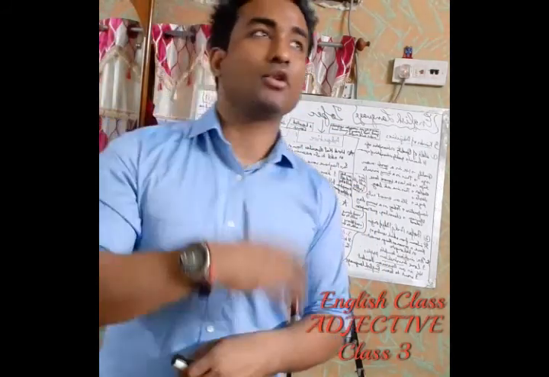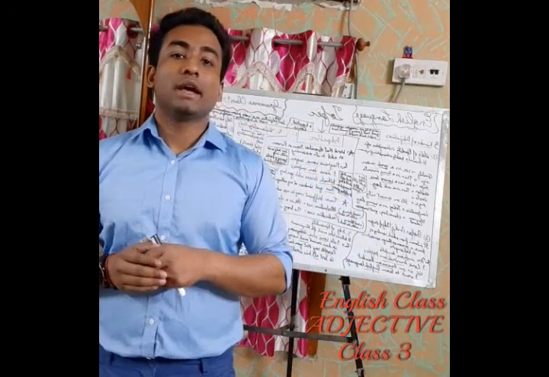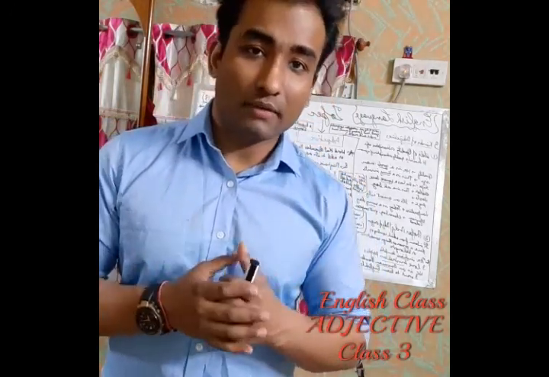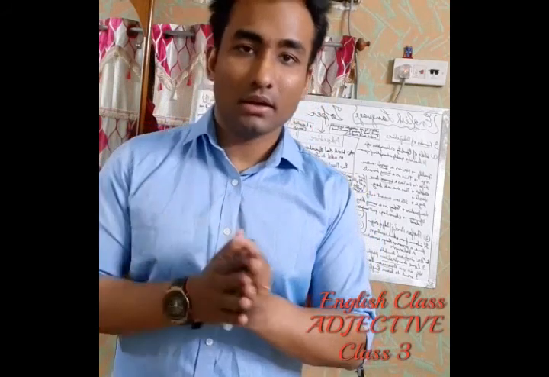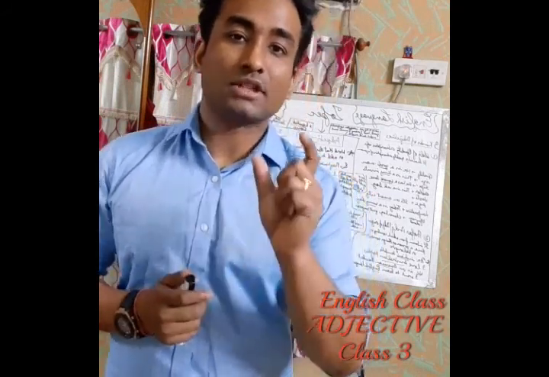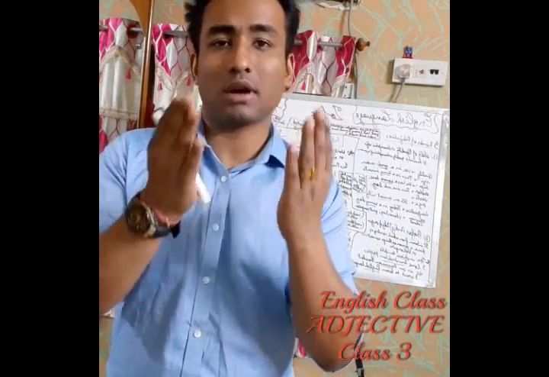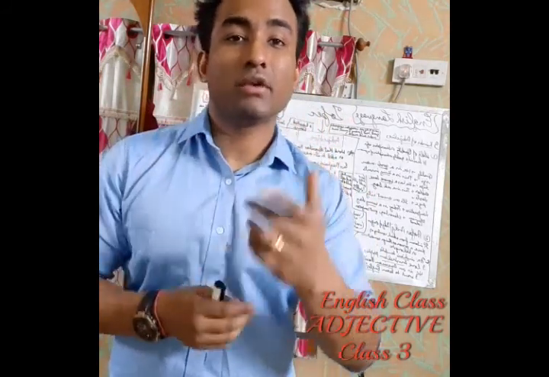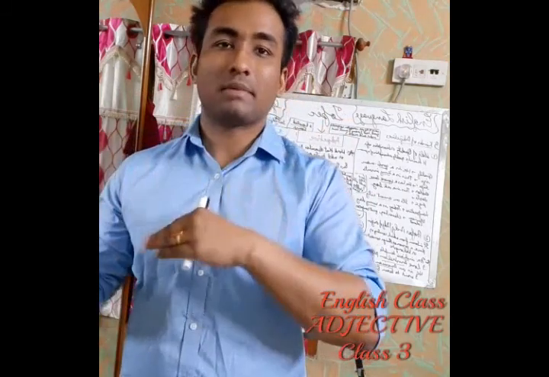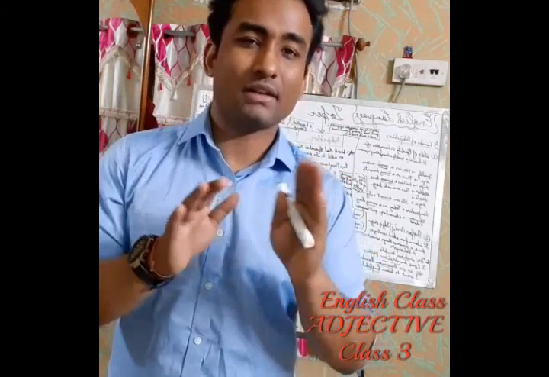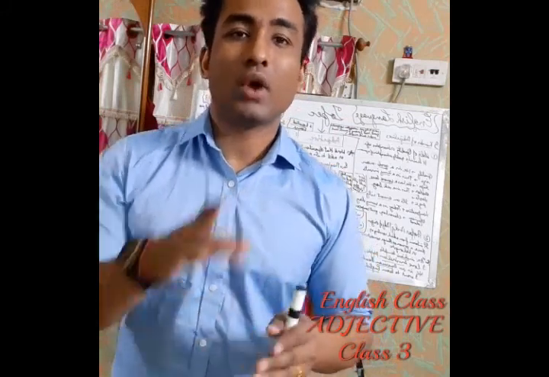Suppose sometimes you have heard people saying you have a double face. When you say you have a double face, obviously there is an inner meaning. Double face means when people show their 2 faces generally. It means in front of me you are something, in front of others you are something else. So people generally say as a proverb, you have a double face.